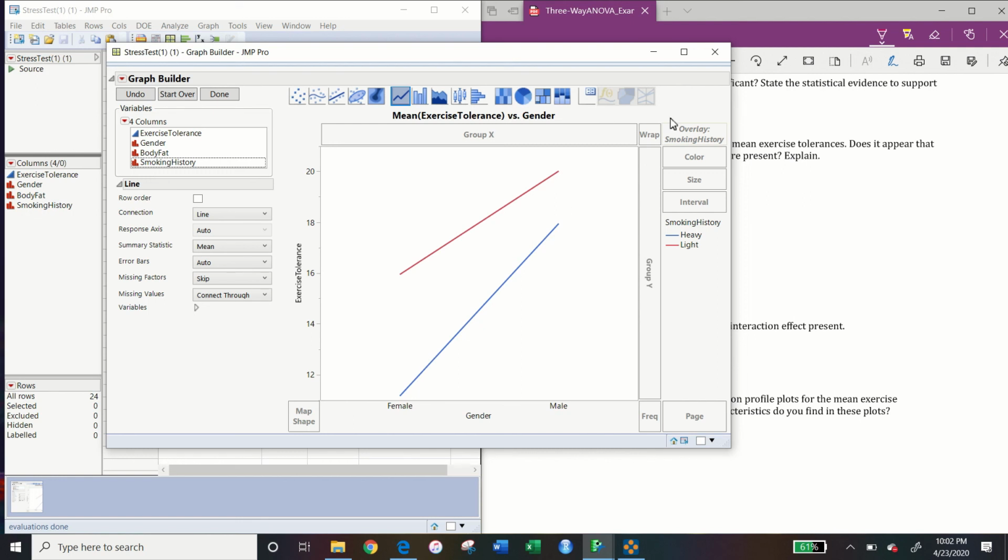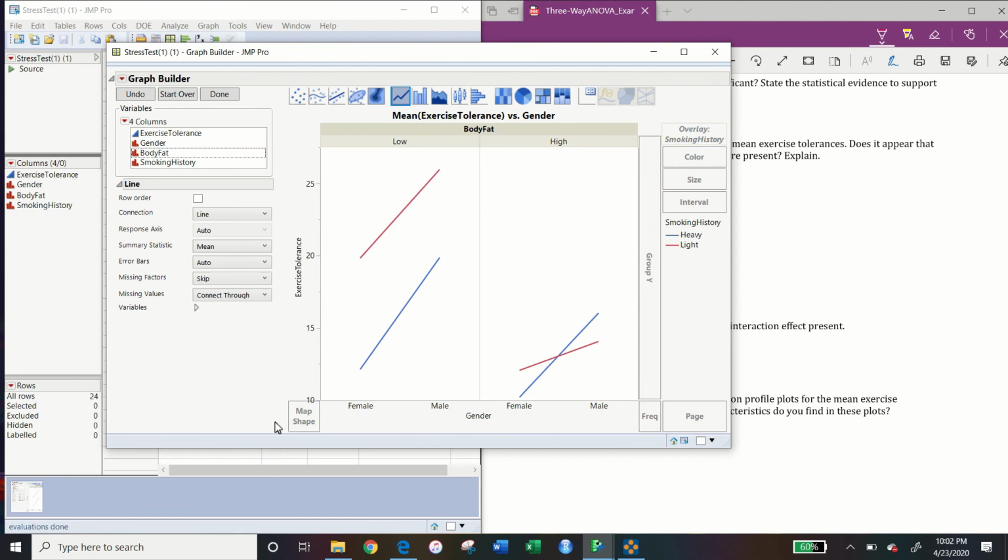If we want to do the three-way interaction plot, we are going to drag and drop our third predictor, so in this case body fat, and we're going to put it under the wrap. And what it's going to do is it's going to put those two-way interaction plots side by side. And we can compare.